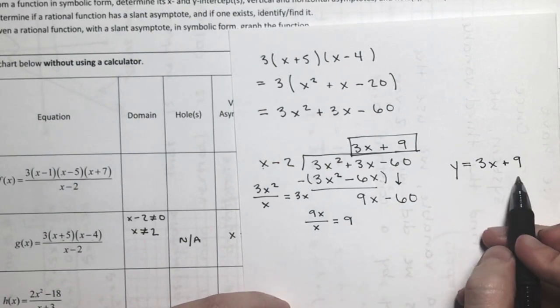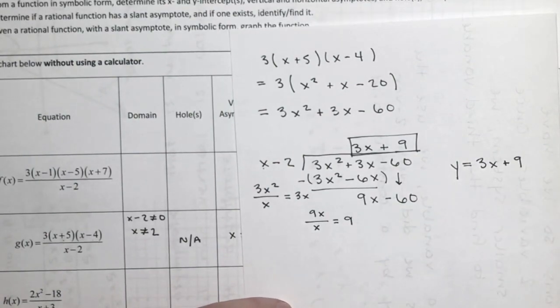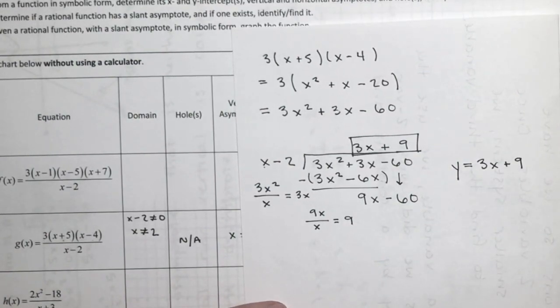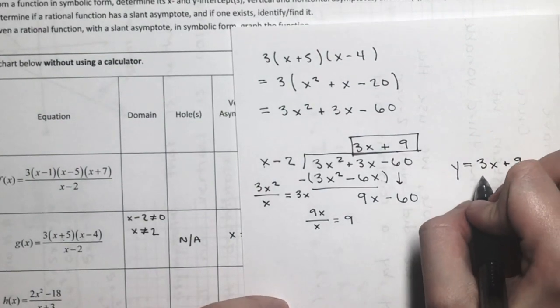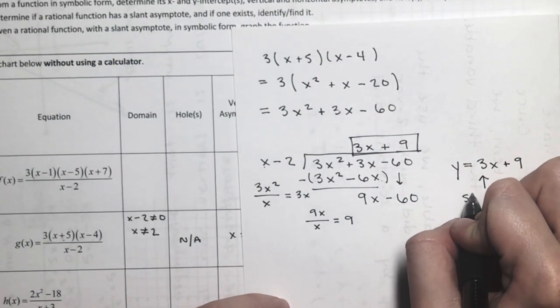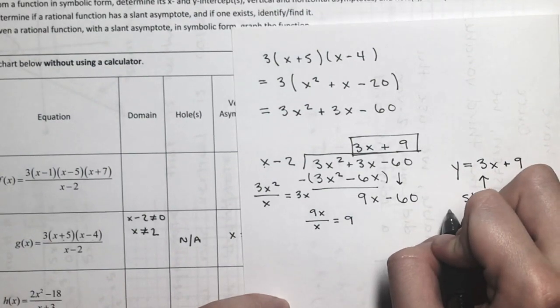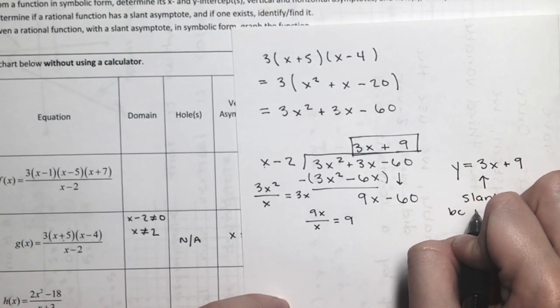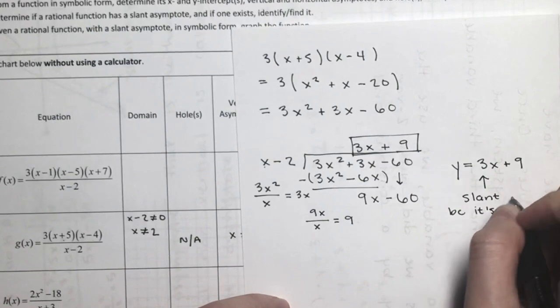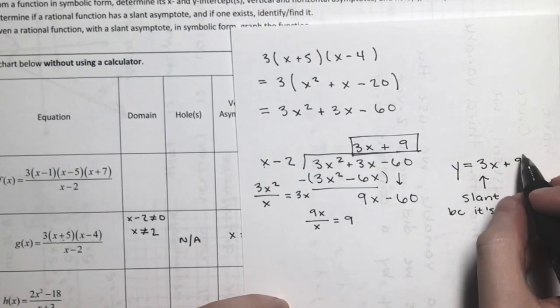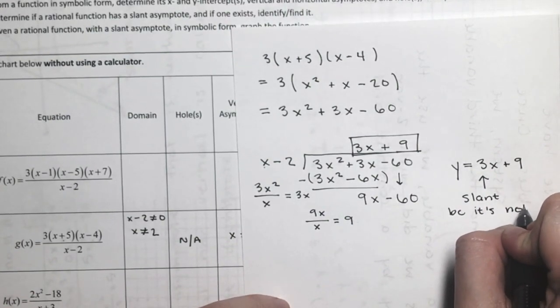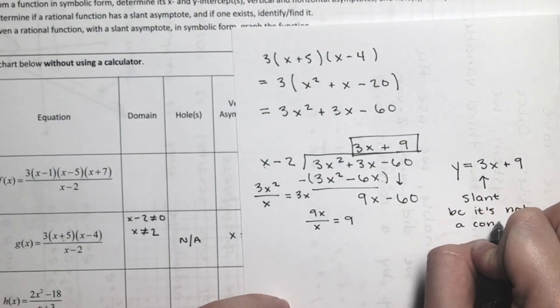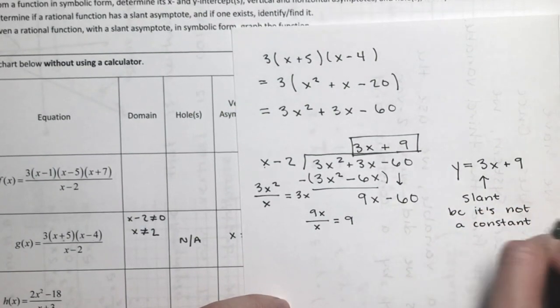Now, is this a horizontal asymptote or a slant asymptote? It's a slant because it's not a constant. Right?